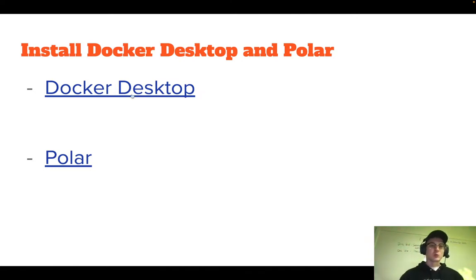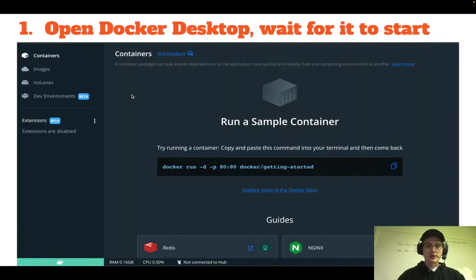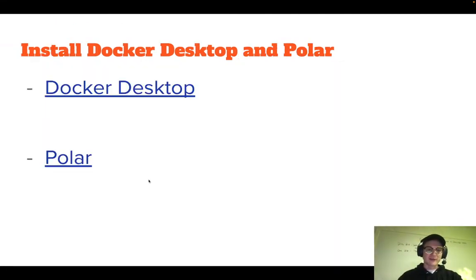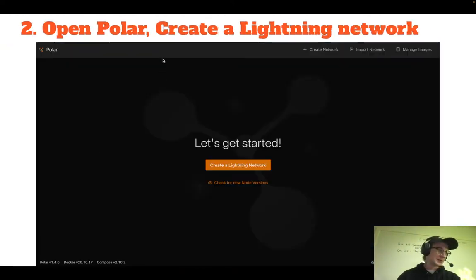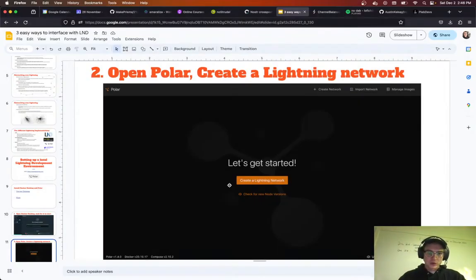That's why they have it run on top of Docker. Very simply, all you need to do is open Docker Desktop and wait for it to start. You just install it, it works on any OS, and open it. Once you also have Polar installed, you can simply open Polar, and it should work for you.